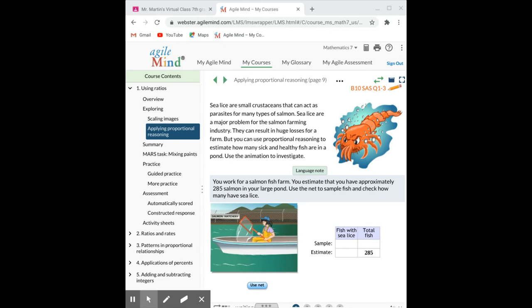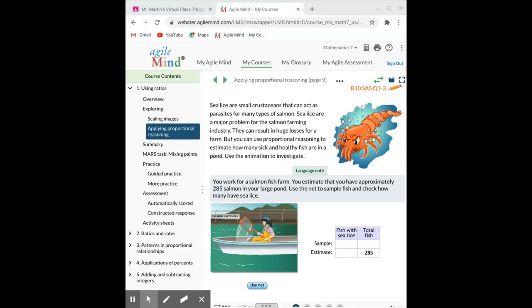Sea lice are a major problem for the salmon farming industry. They can result in huge losses for a farm, but you can use proportional reasoning to estimate how many sick and healthy fish are in the pond. Use the animation to investigate.